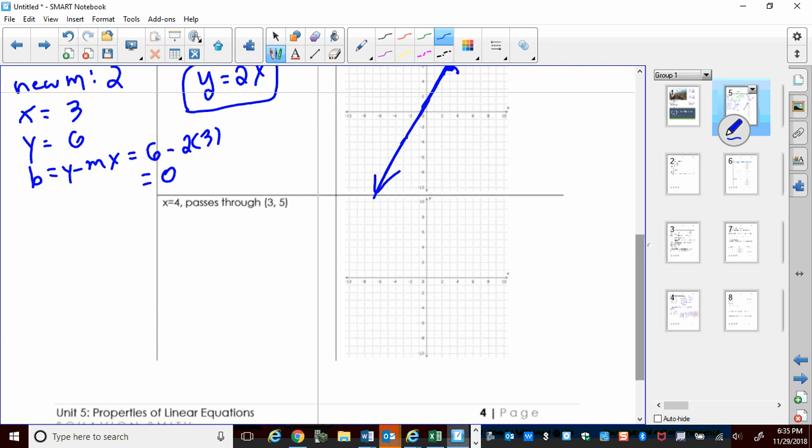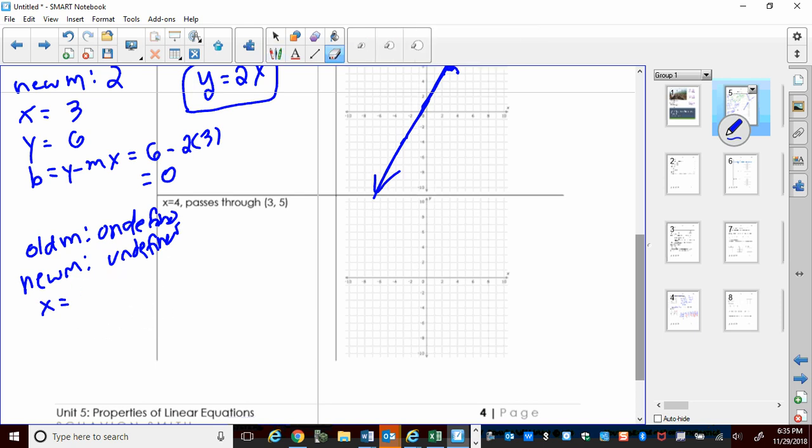Now, for the next one, my old slope, my old m, is undefined. My new m is undefined. It's the same thing. Now, x equals 4. I'm sorry, x equals 3.